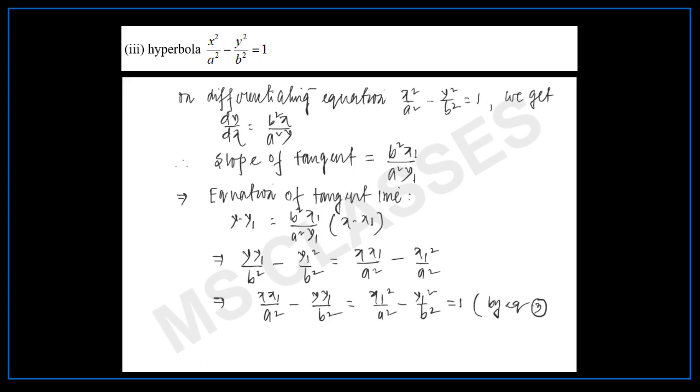Therefore, equation of tangent which we are getting is x1 by a square minus y1 by b square equal to 1.